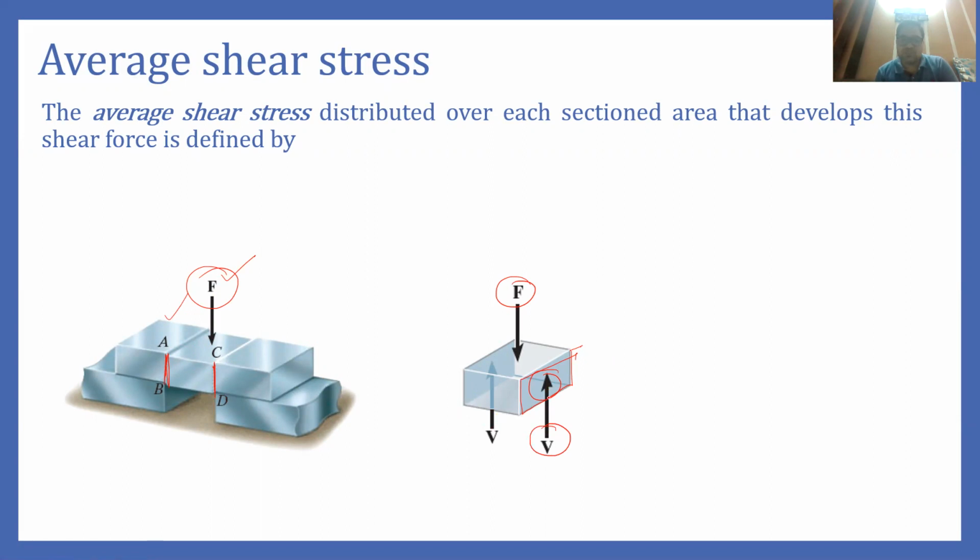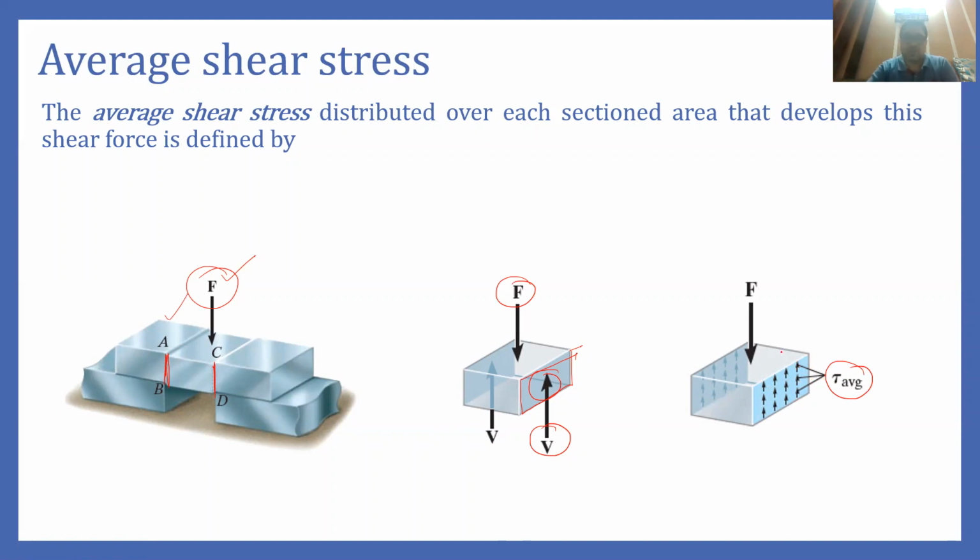And the distribution of this shear force over the whole cross-sectional area may not be uniform, but for design purposes, what we do is we assume the distribution as uniform, and therefore the intensity of this shear force is termed as tau avg, which is average shear stress. So as you can see, average shear stress is distributed on the whole cross-sectional area uniformly.